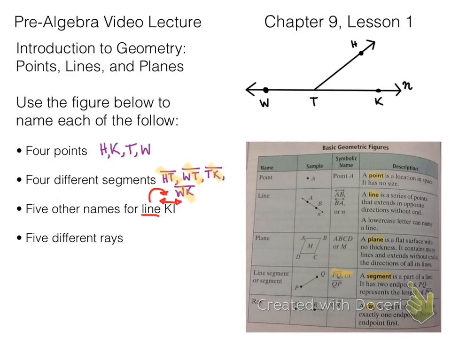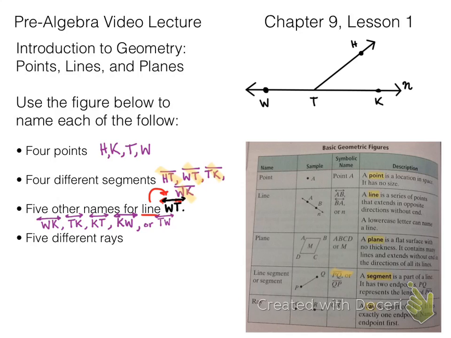So let's go ahead and rename the line. Oh no, excuse me, it's not KI, it's WT, because I made a different figure before I made this. Okay, so let's rename WT as a bunch of different lines. Well, I could have line WK, line TK, line KT, line KW, or line TW.